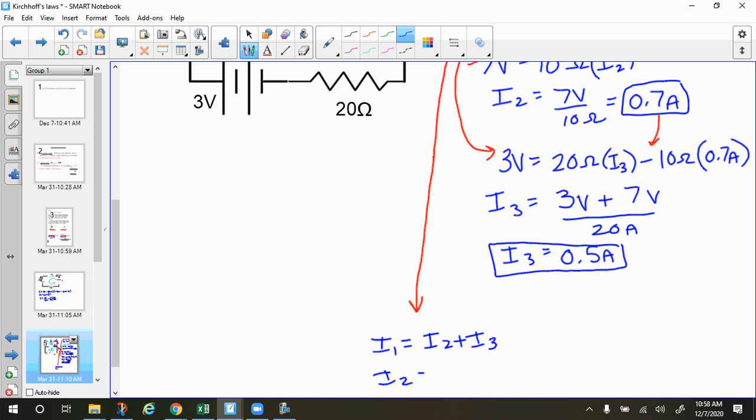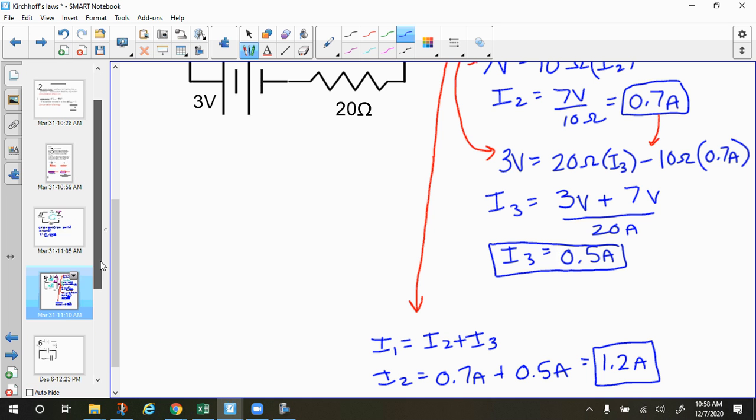So we just plug in I2, which is 0.7 amps, and I3, which is 0.5 amps, and we get 1.2 amps, which is the total current. There's my 1.2 amps. Okay, so that's a pretty typical problem that you would have to do with two batteries.